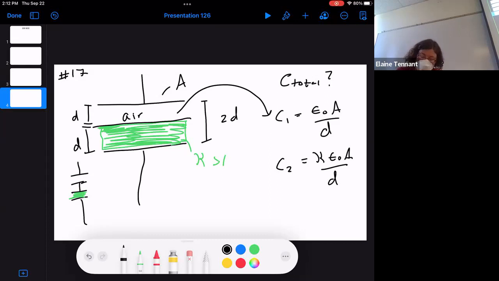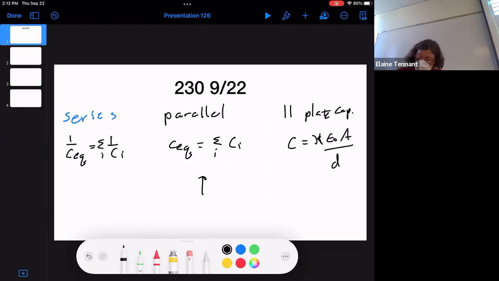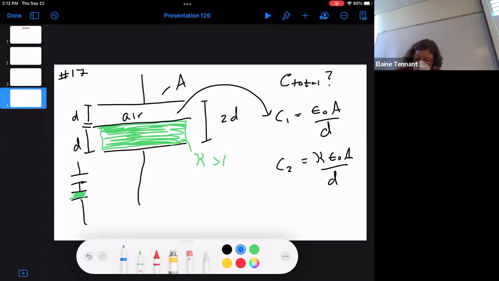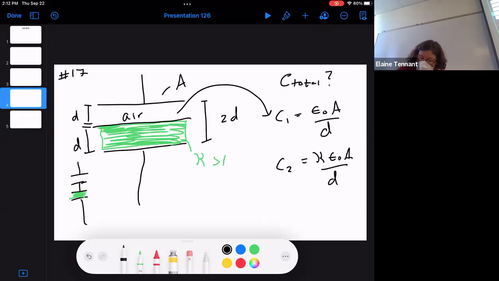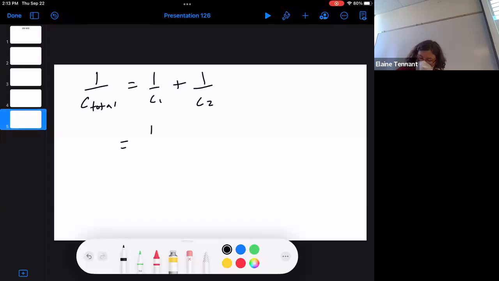And now specifically to tie them together, we're going to have to use this equation. So let's do that. Okay, 1 over C total will equal 1 over C1 plus 1 over C2. 1 over C1, that'll be 1 over epsilon naught A over D. C2 looks exactly the same, but with a kappa added.